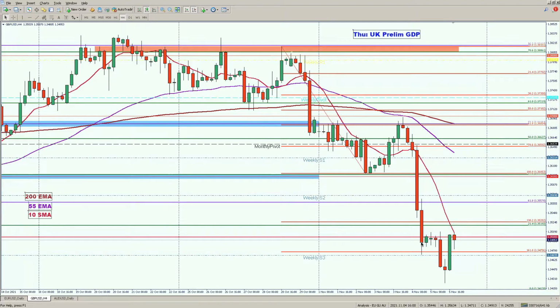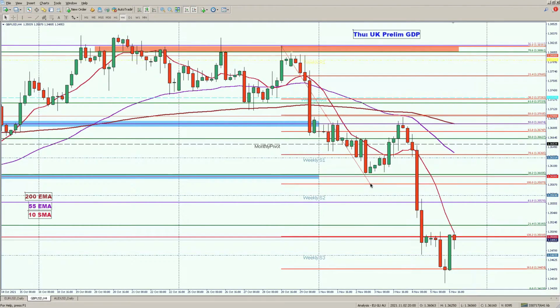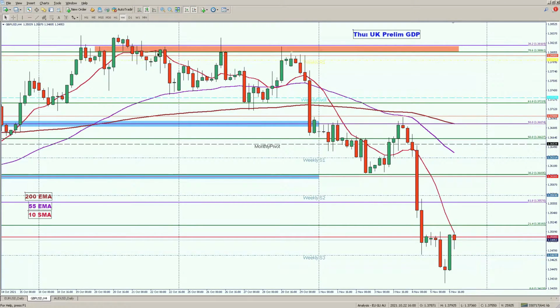So in between those two levels, it dipped to a low of 134.71 before consolidating, and then continued to dip lower on the Friday. So this is what I use to go for my target.